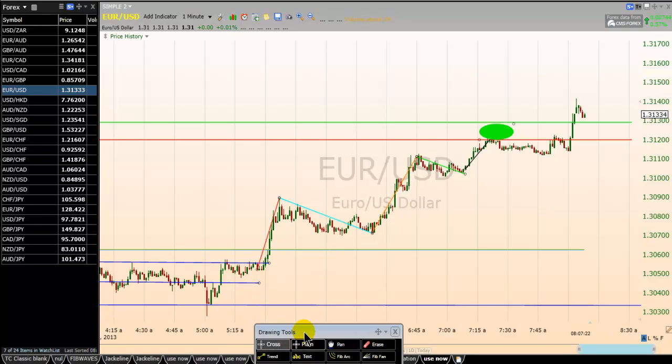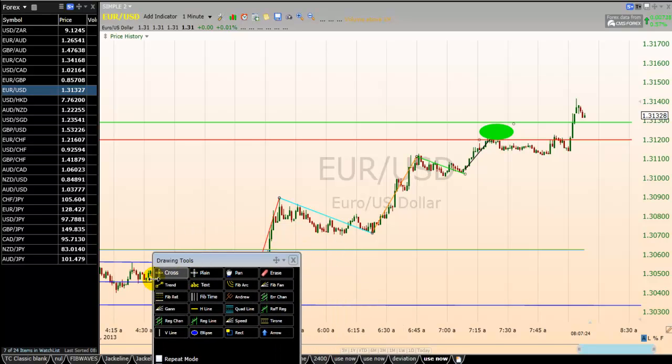Now we are seeing what we call a flat correction taking place here. You can see that the price went down a bit. The price went down from here to this level here, a kind of A corrective wave, followed by the B corrective wave.